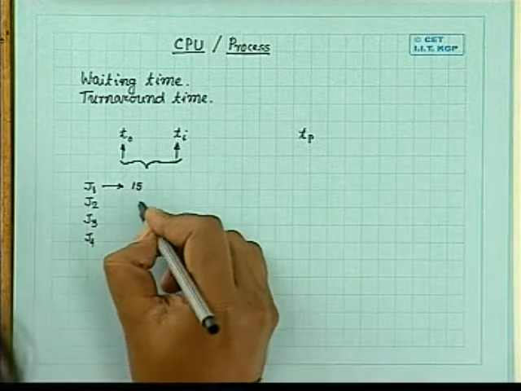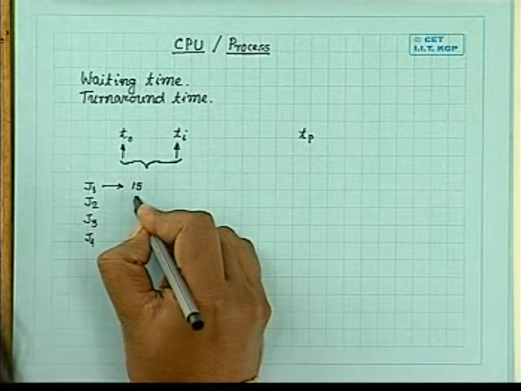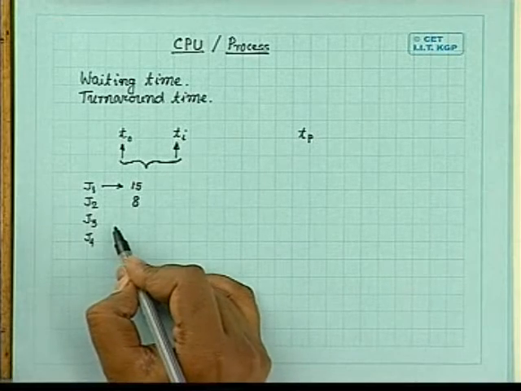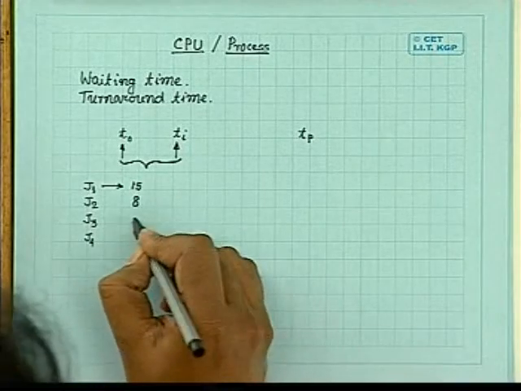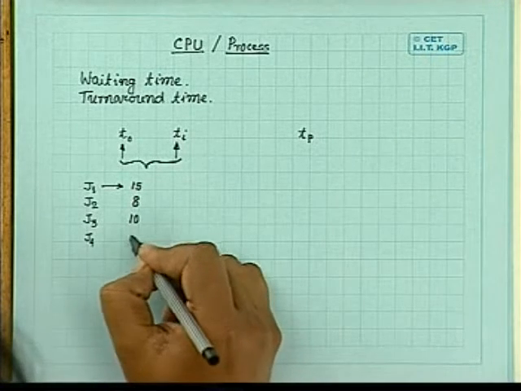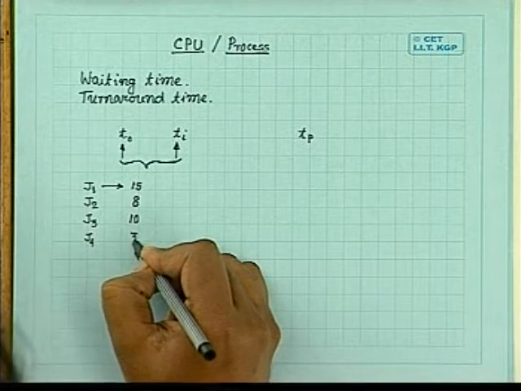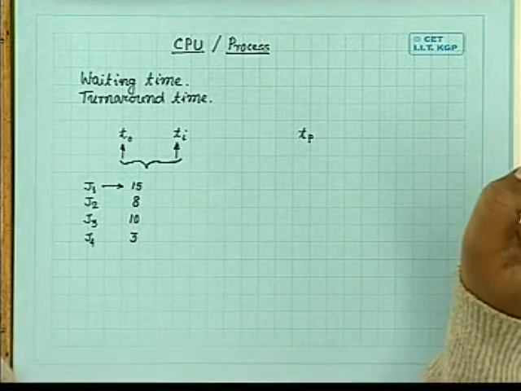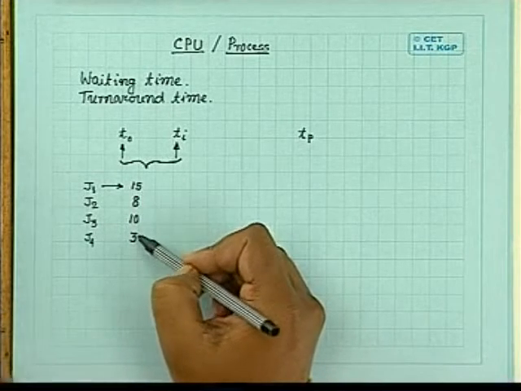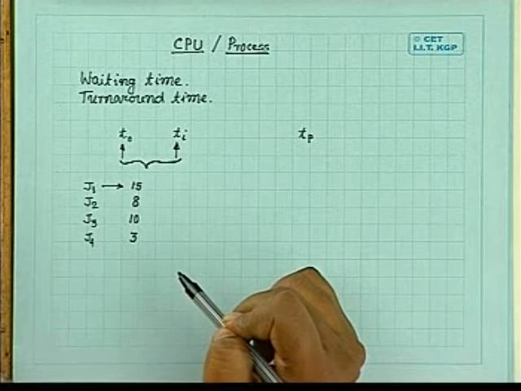Job J2 takes 8 time units. Job J3 takes 10 units of execution. Job J4 may take 3 units for execution. So, these are the 4 jobs, and these are the corresponding execution times.